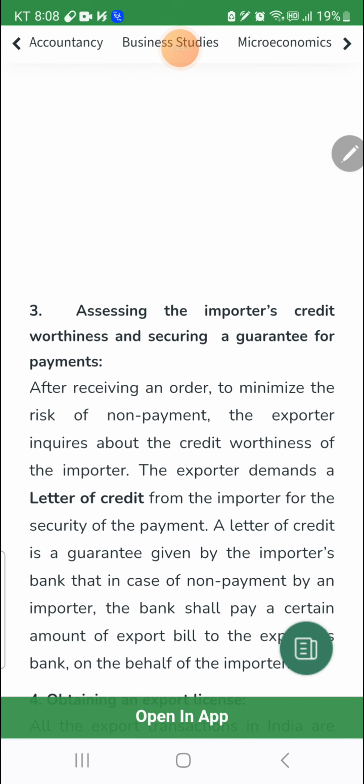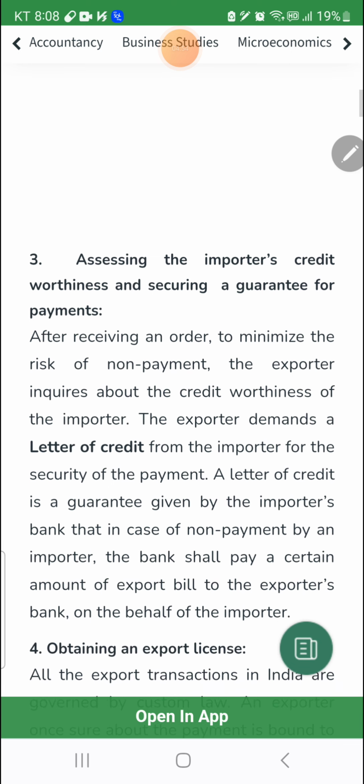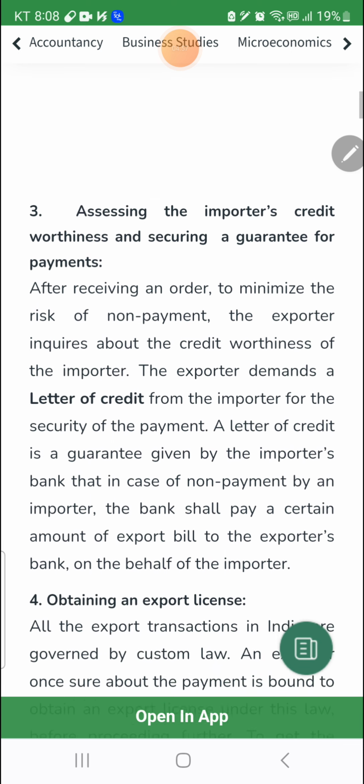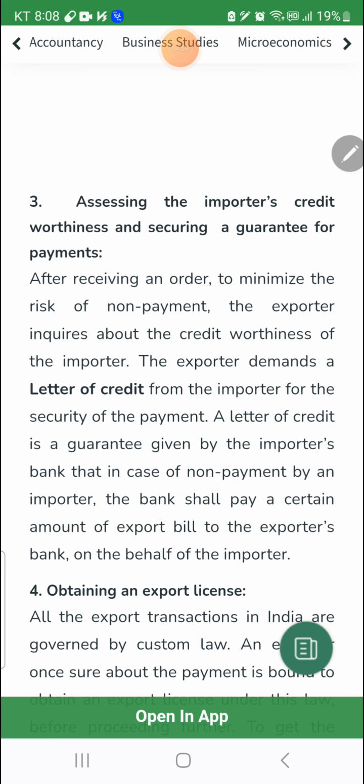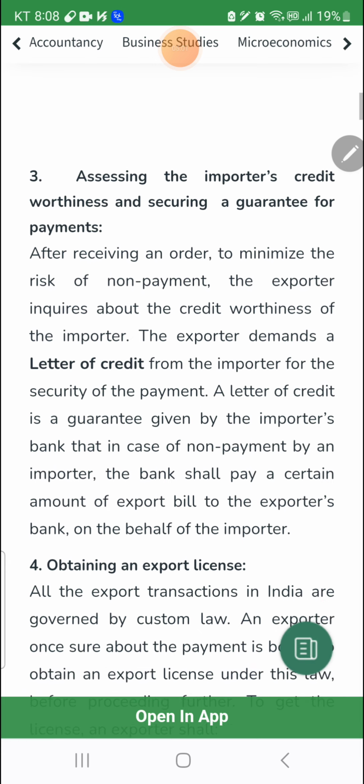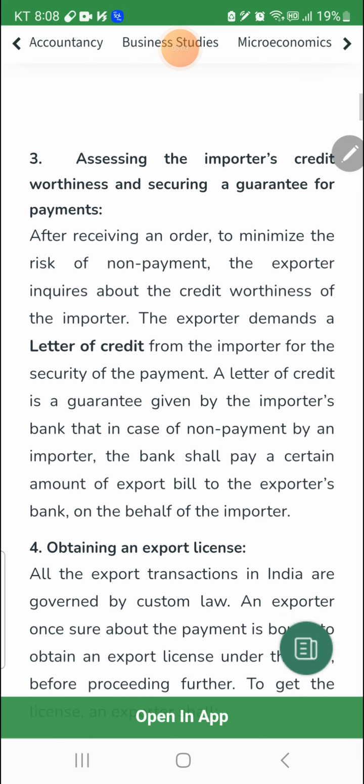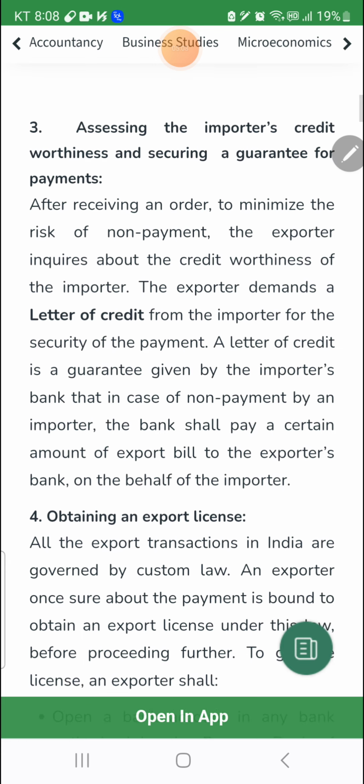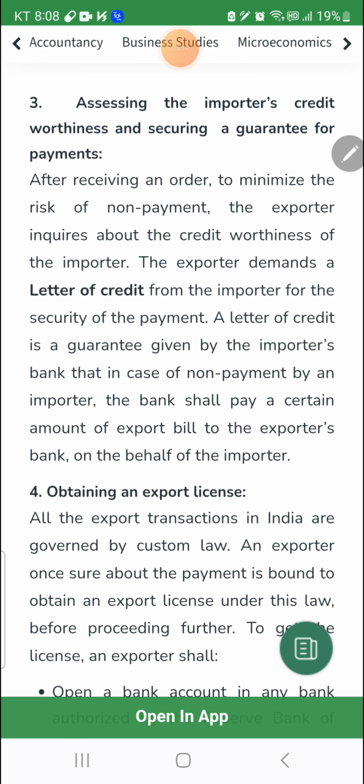3. Assessing the importer's creditworthiness and securing a guarantee for payments. After receiving an order, to minimize the risk of non-payment, the exporter inquires about the creditworthiness of the importer. The exporter demands a letter of credit from the importer for the security of the payment against the risk of non-payment.